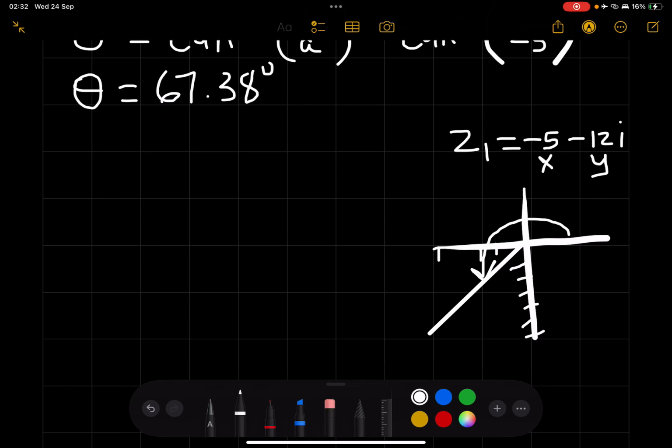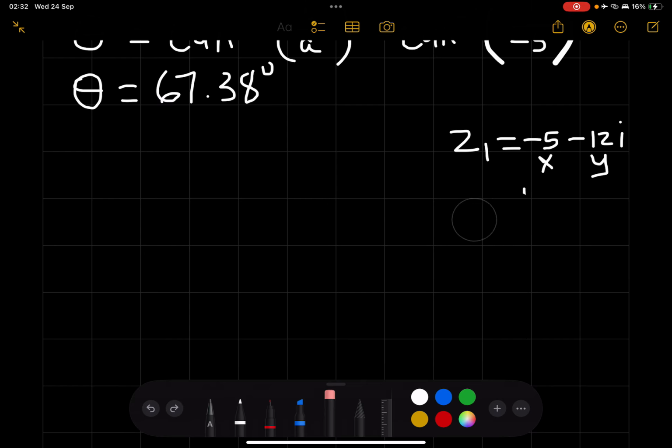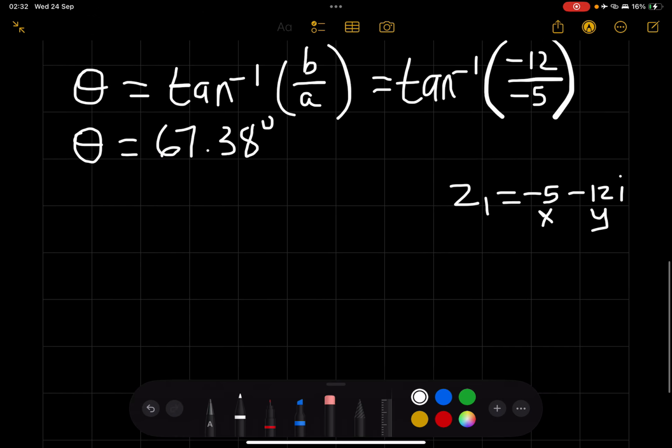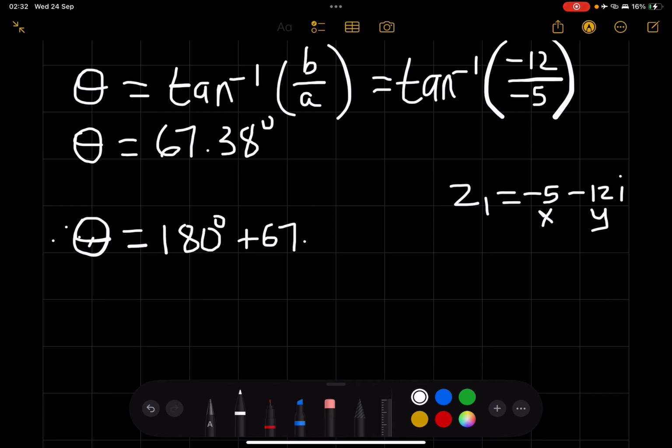So whatever theta we have, we're going to add it to 180 because we are not in the first quadrant. If we were in the first quadrant, we would leave it like that. But because we are in the third quadrant, theta would be 180 degrees plus 67.38.